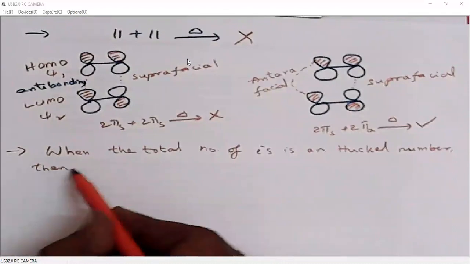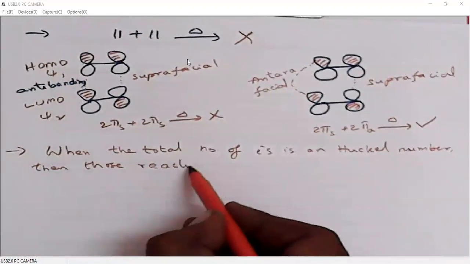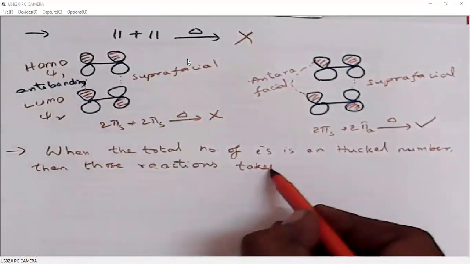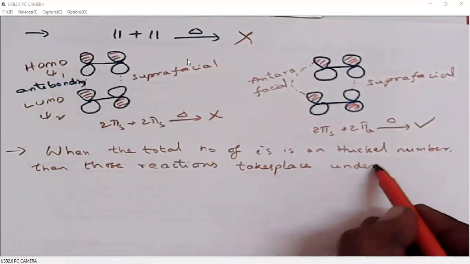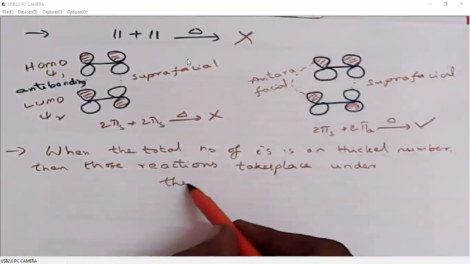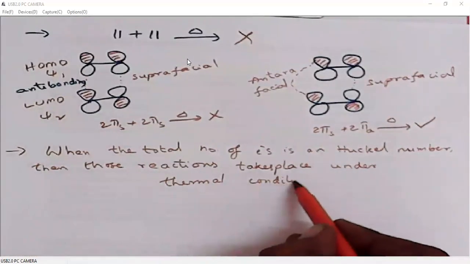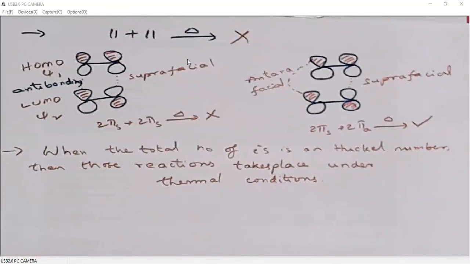Then those reactions take place under thermal conditions. So if the total number of pi electrons is a Huckel number, then that reaction can occur under thermal conditions.